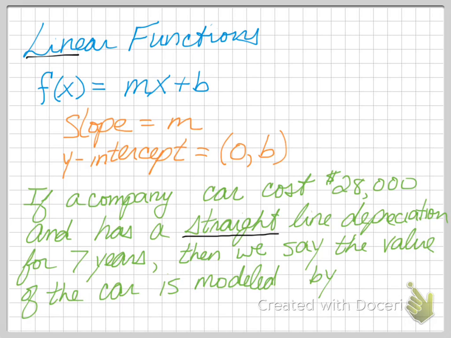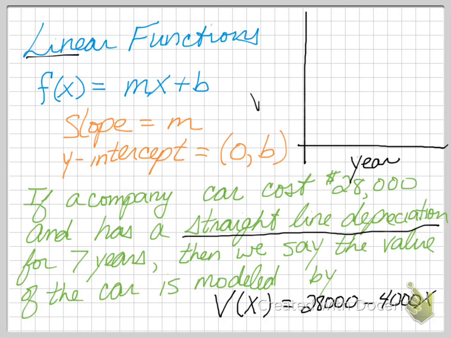The key here is that it was straight line depreciation, which means that after 7 years, the company values the car at $0. So it starts out at $28,000 and after 7 years has a value of $0. We know that the slope is -4,000 and the y-intercept is 28,000. The slope came from 28,000 divided by 7 years, so it decreases by $4,000 each year.